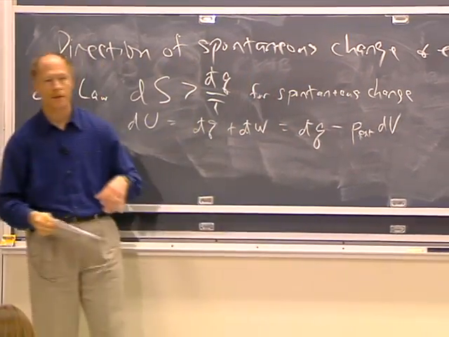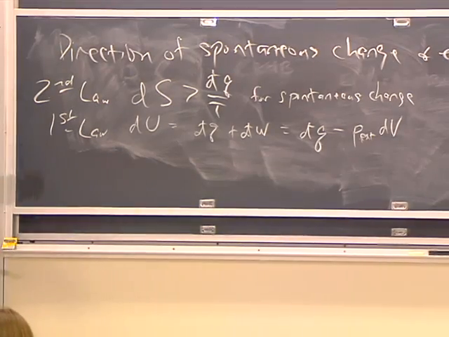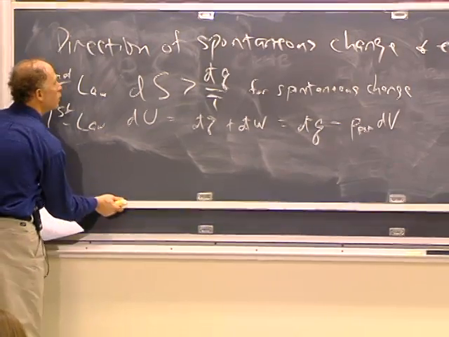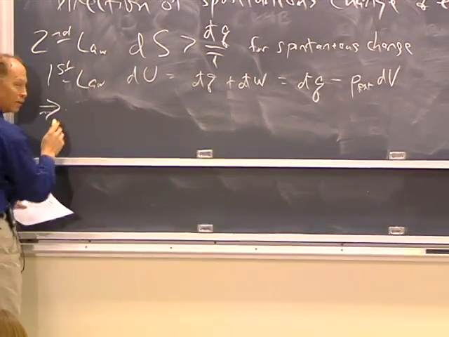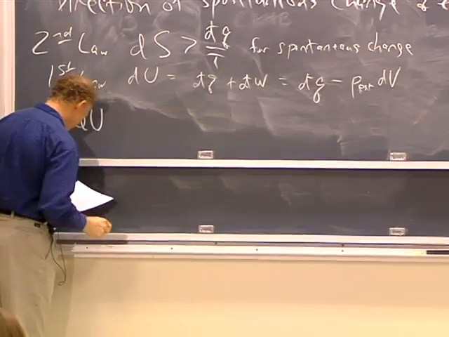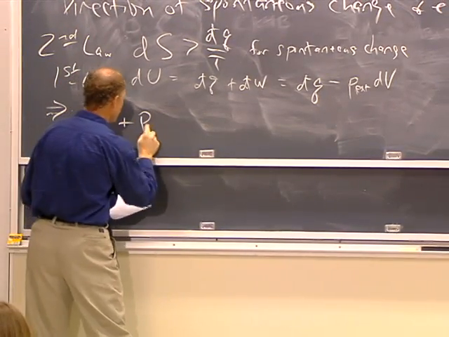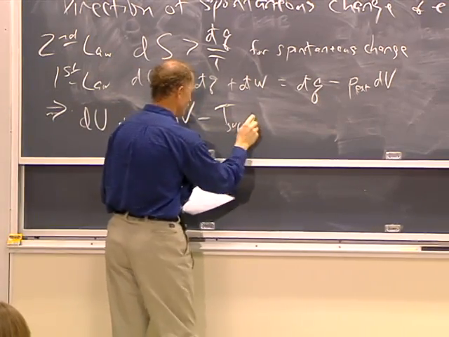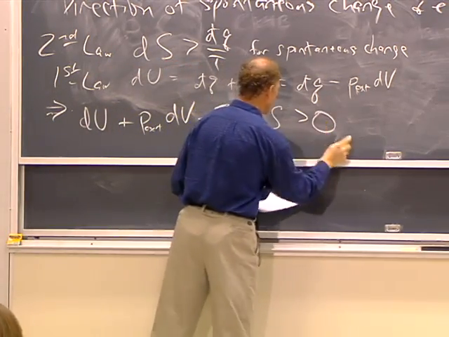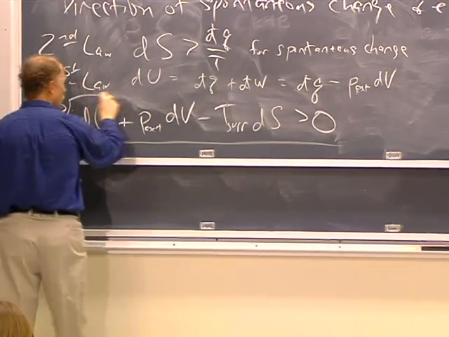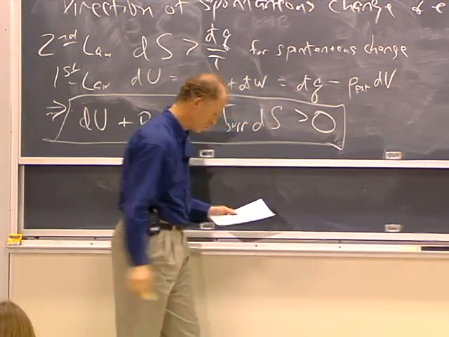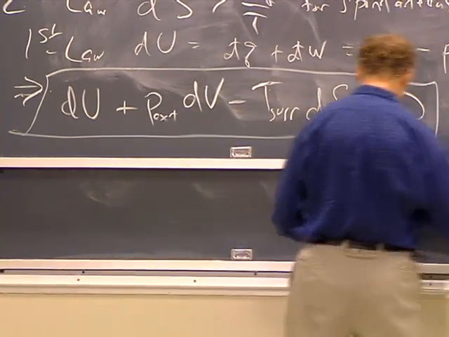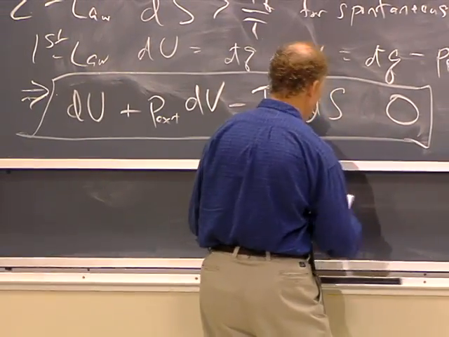And so what this gave us was a very, very useful general criterion for determining whether something happens spontaneously. Namely, dU plus P external dV minus T of the surroundings dS is less than 0. Oh, sorry, it's less than 0.